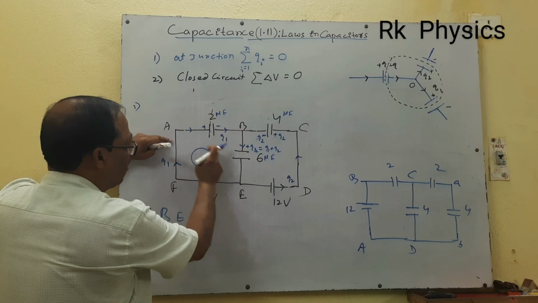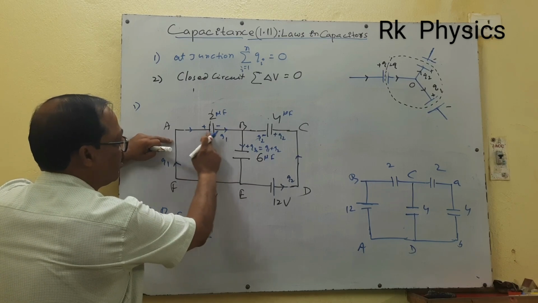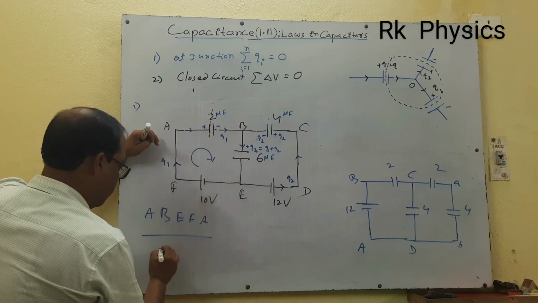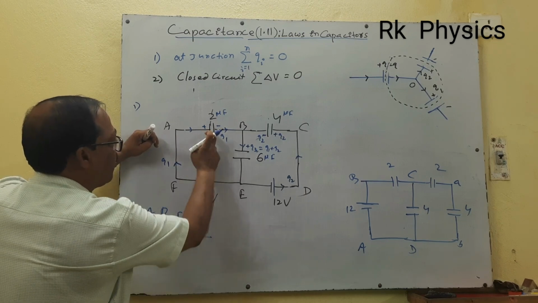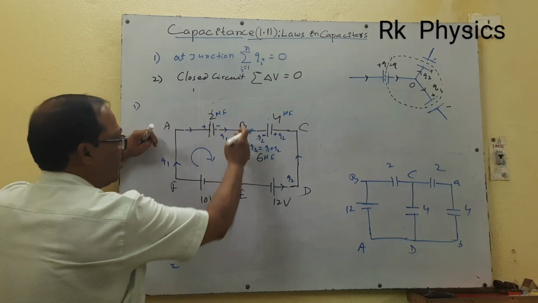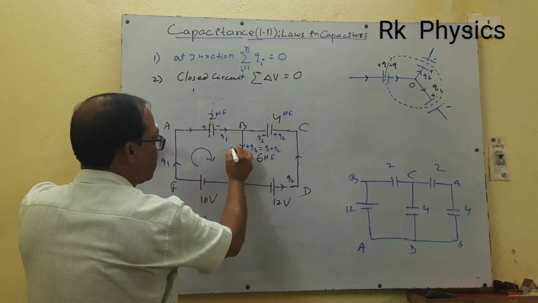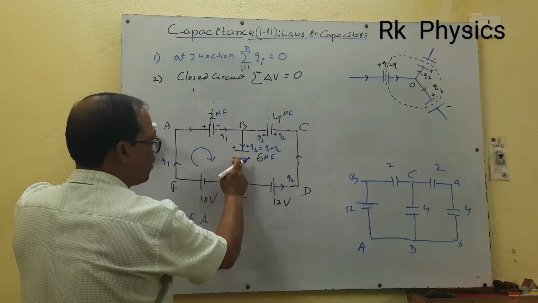We are moving along this direction, but this is plus to minus, this is minus. Here the potential is Q1 by 2 microfarad. Then come to B, this is a plus, this is a minus.